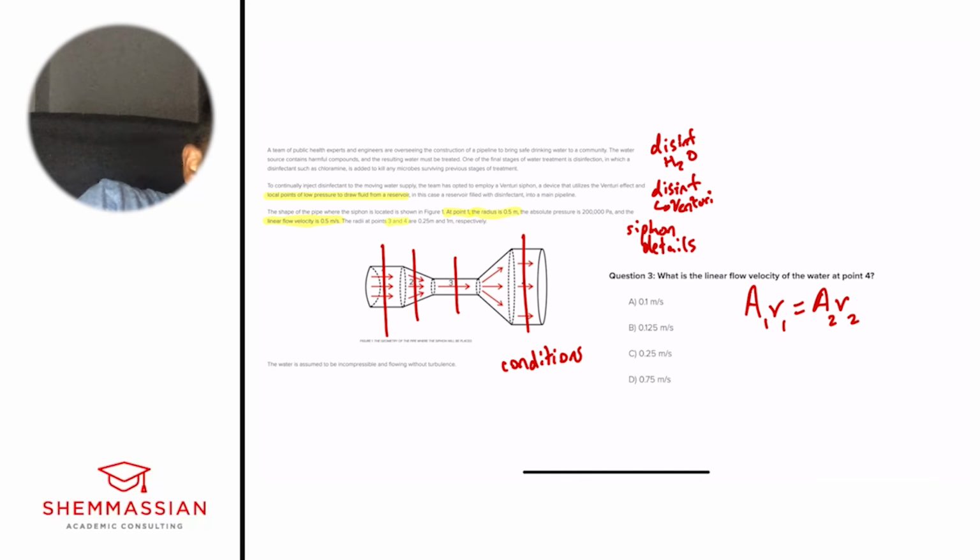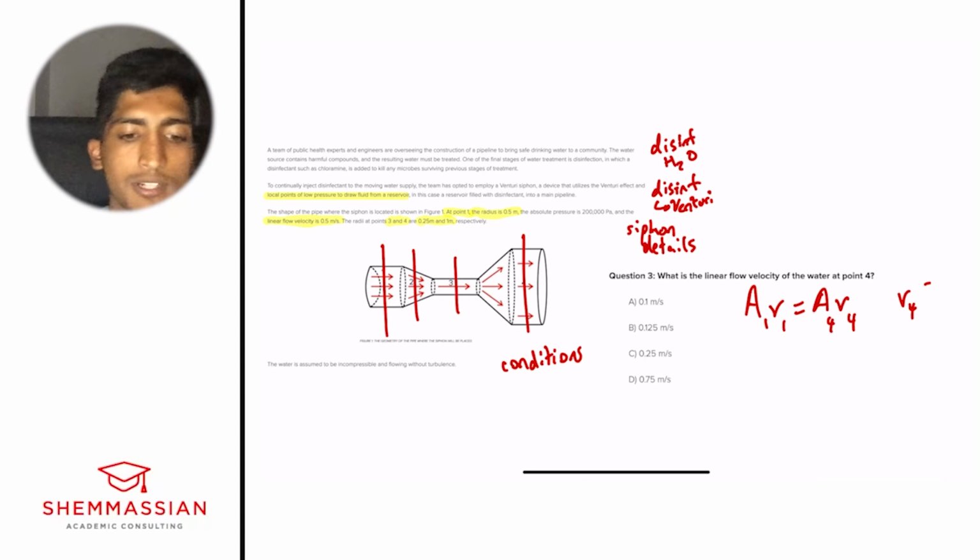It says points 3 and 4. The radiuses are 0.25 and 1. And so let's say that instead of A2 and V2, I'll go ahead and write A4 and V4 because that's what we're looking for, right? And the question is asking us for V4. So let's plug in what we know and see what we're looking for.